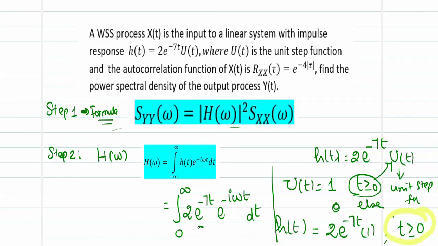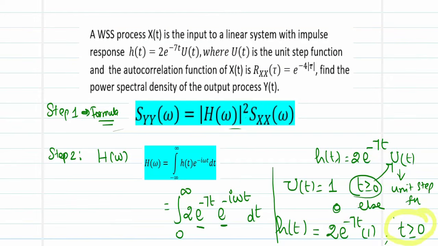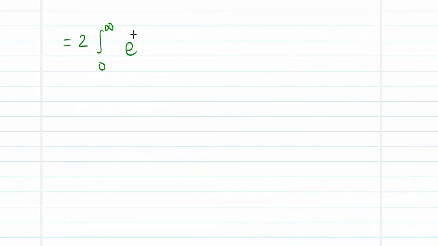Whenever the base is exponential, we can club them easily. So 2 constant, 0 to infinity, e to the power of, so let me club this as e power a into e power b is e power a plus b. So this becomes minus 7t minus j omega t into dt.